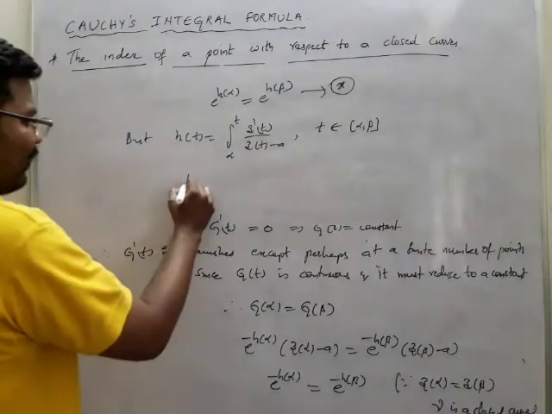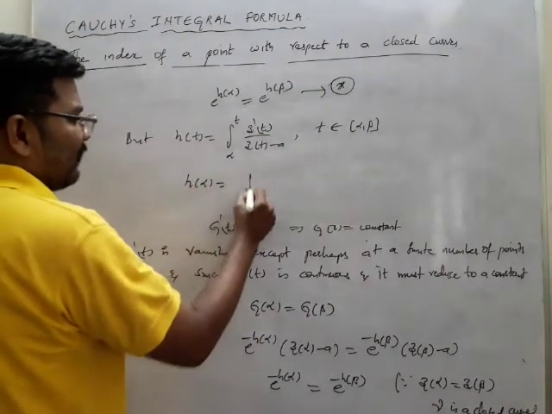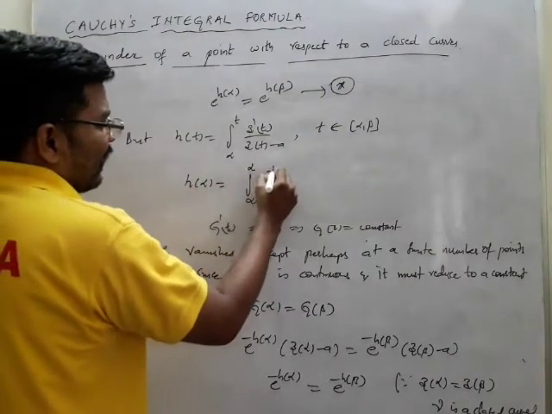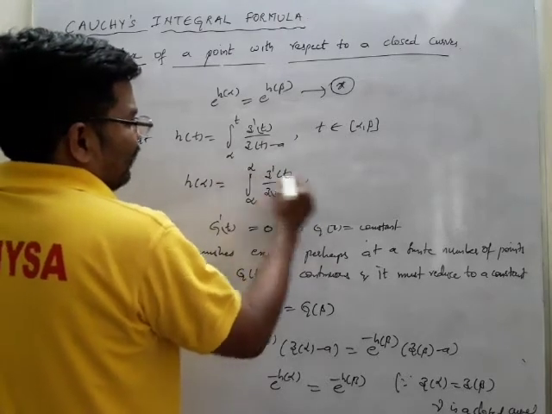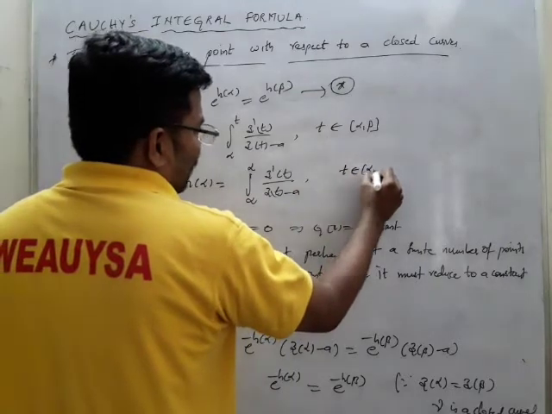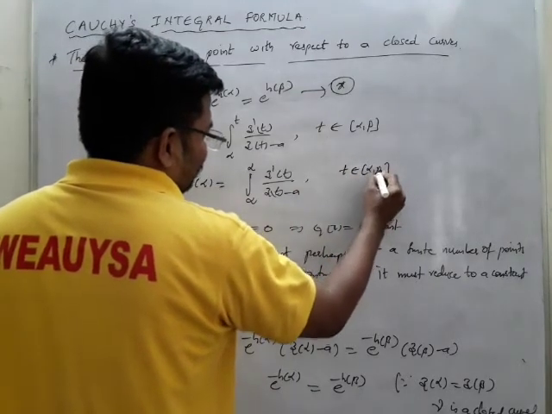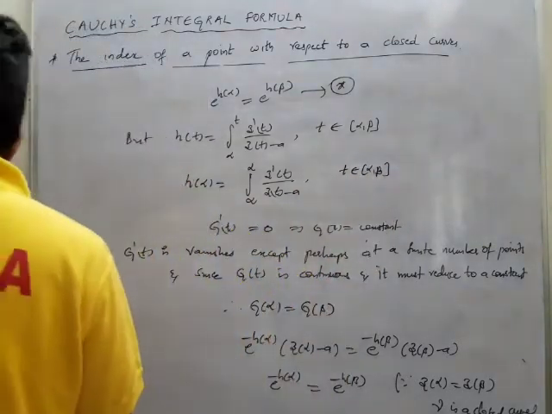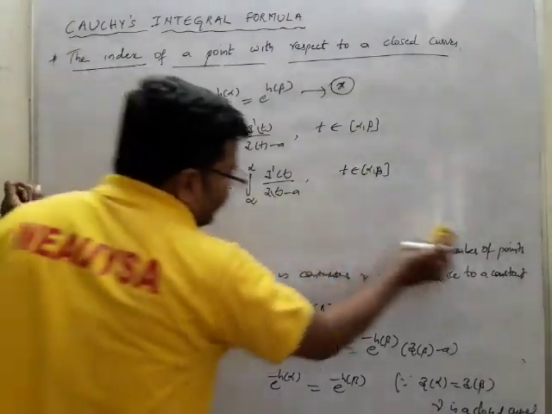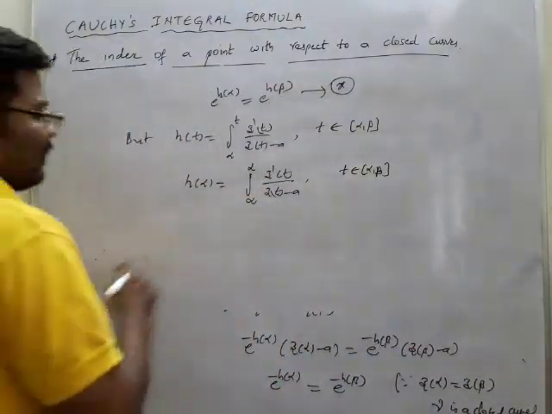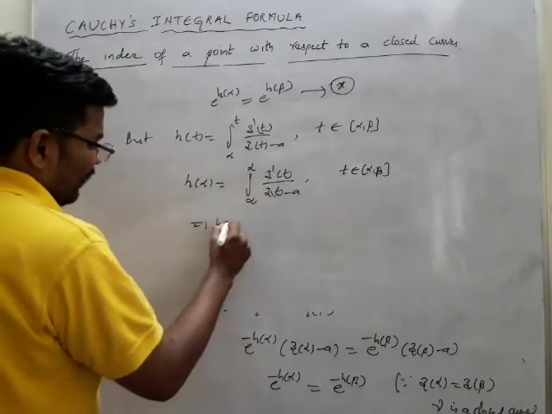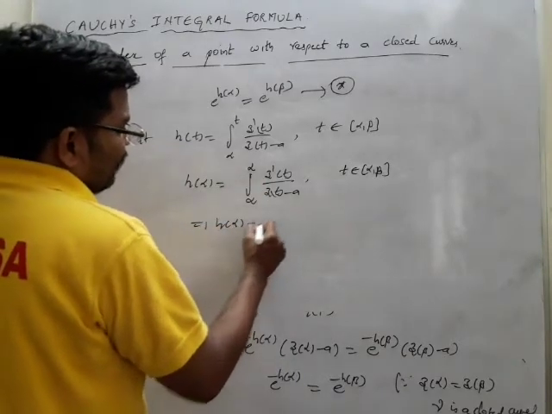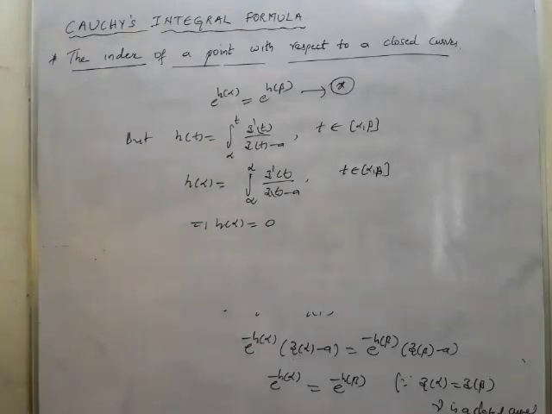Okay, now I'll find out h of alpha. H of alpha is nothing but the integral from alpha to alpha of z dash of t by z of t minus a, where t belongs to alpha comma beta. So therefore h of alpha is nothing but equal to 0.